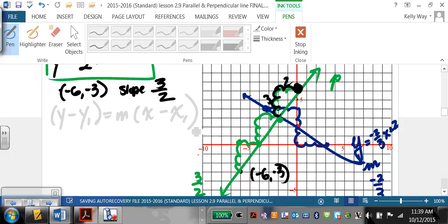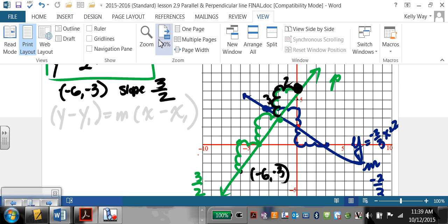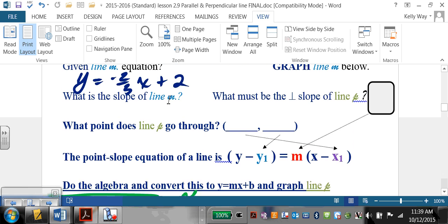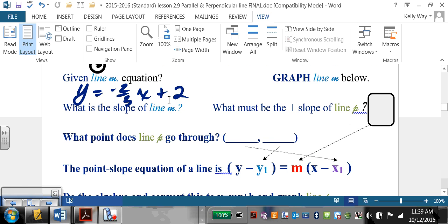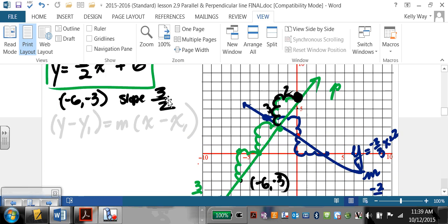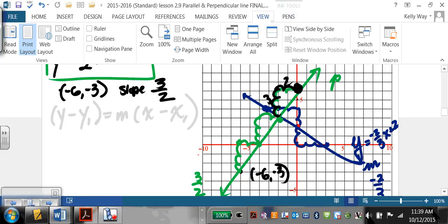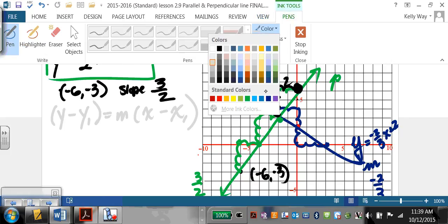Why did I choose that? Because that's the point and slope. Those blanks I already filled in. Okay, ready? Now, draw an arrow from here.